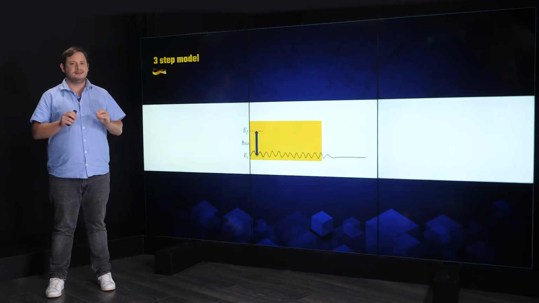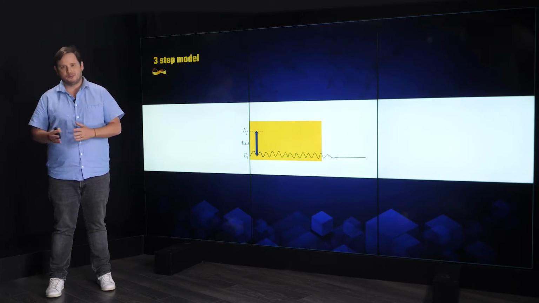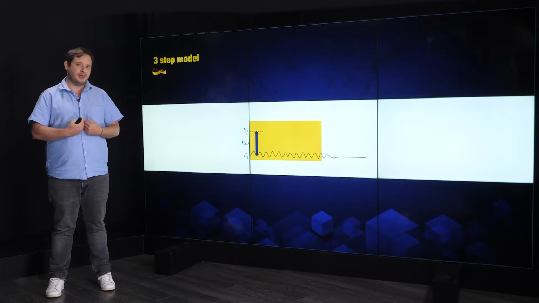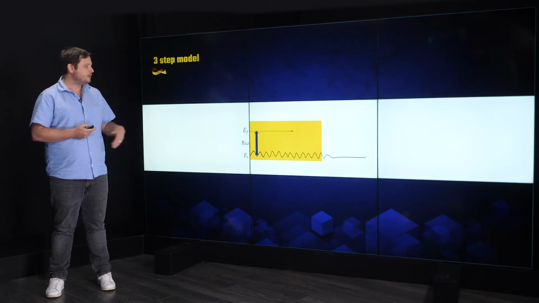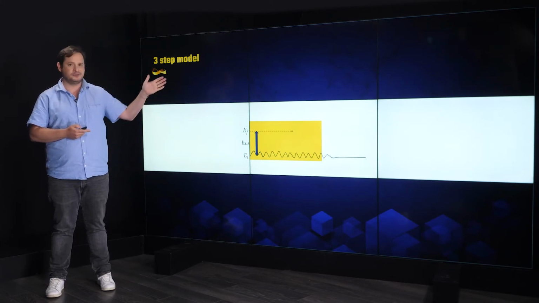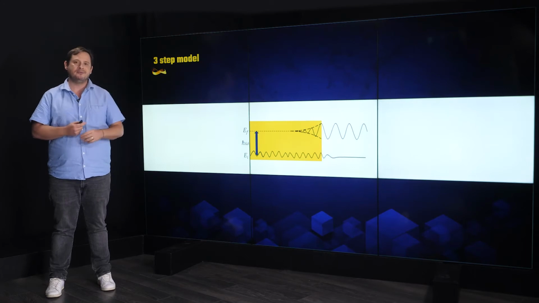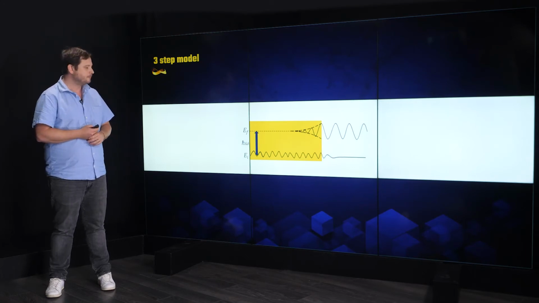Up until now, we've discussed only the excitation of the electron by the photon. However, in reality, inside the sample, the photoexcited electron has to go through several other processes in order for us to be able to measure it. First of all, it has to travel through the bulk of the sample until it arrives at the surface of the sample, and then it needs to escape through the surface potential before it can travel in vacuum towards the detector.